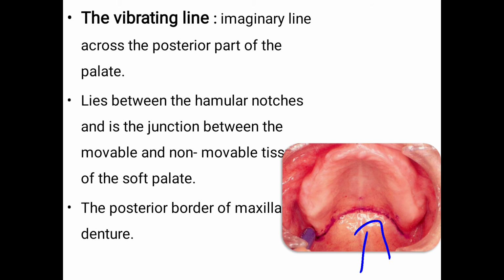So it lies between the two hamular notch زي ما شايفين، وبيجي ماشي في السوفت بالات. وين في السوفت بالات بالضبط؟ between the movable and non-movable tissue of the soft palate.